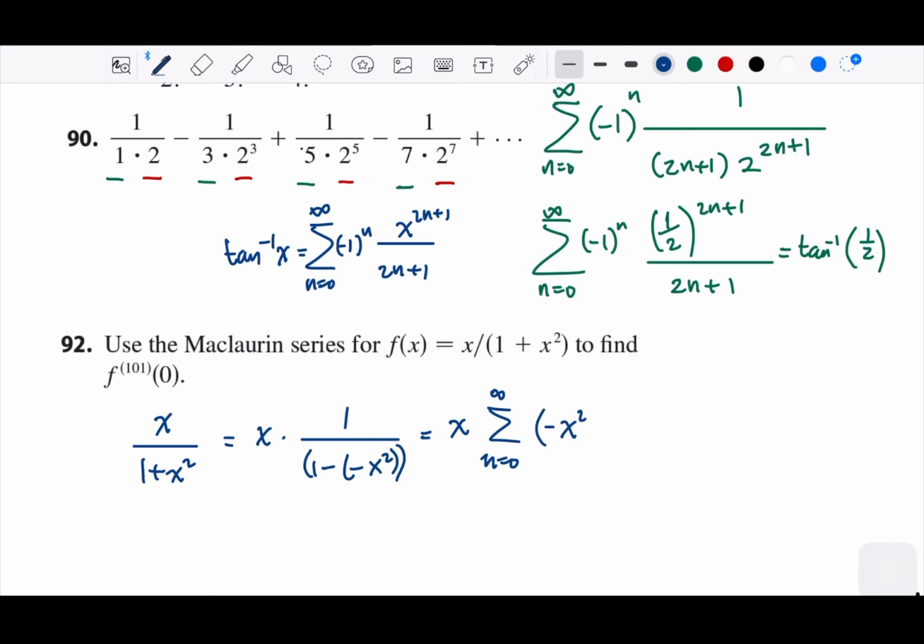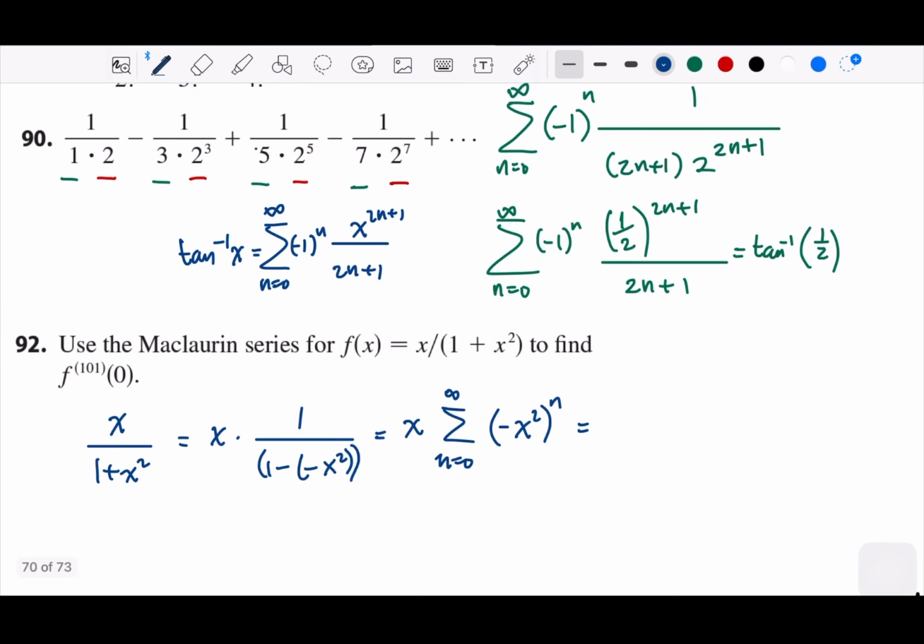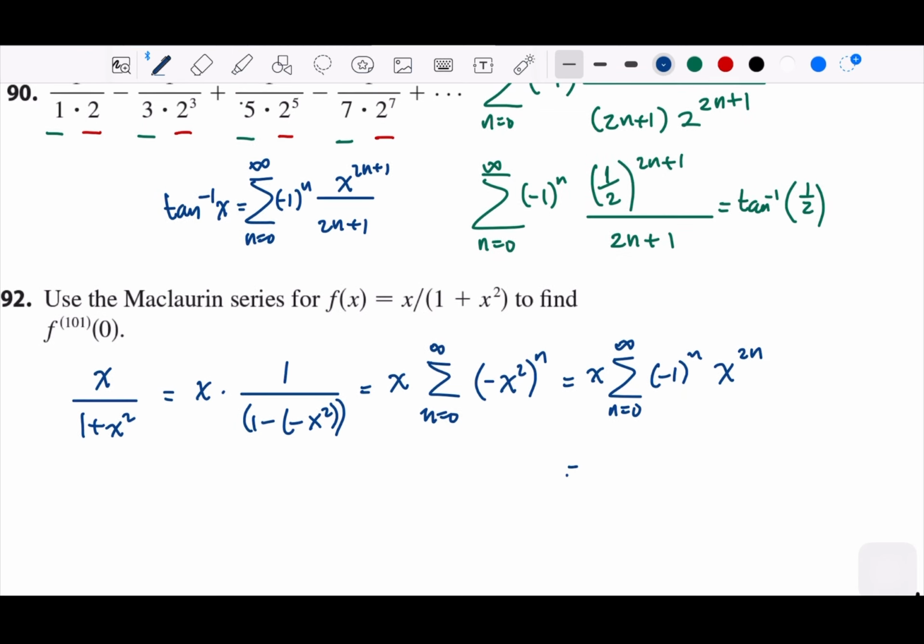This is (-x squared)^n, and then this will be x, and then x^(2n), and I will move x inside, to x^(2n+1), right?